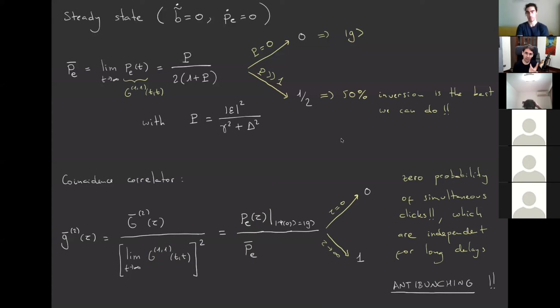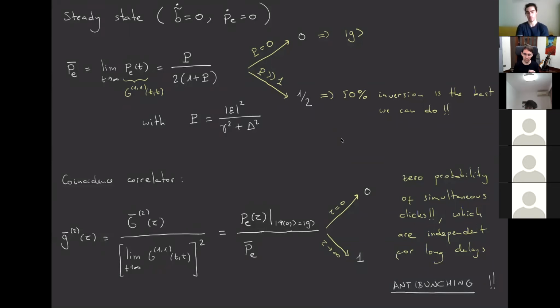And this time delay, during which the probability is essentially 0 of getting a click in the detector, is just what we call the reloading time. So how much time it takes to load the excitation again in the atom. But essentially, this is the most important property that comes from the emission of radiation by atoms.